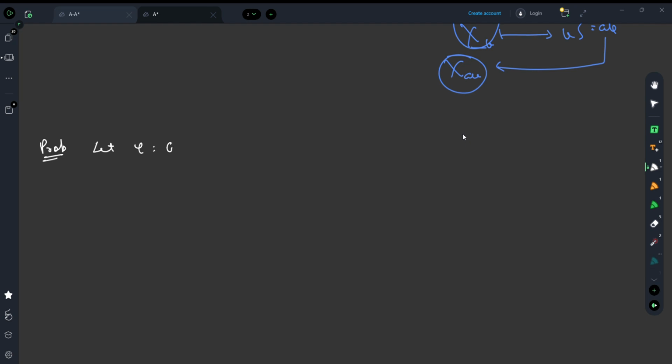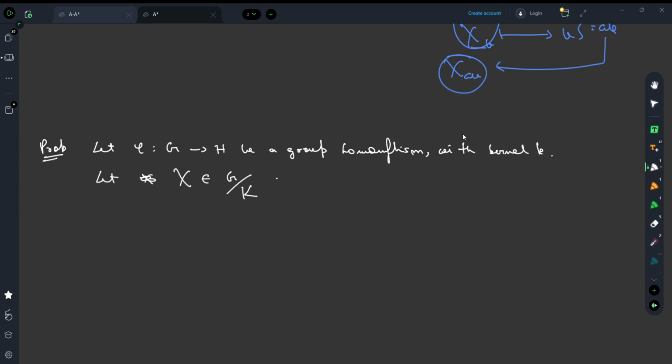Let phi from G to H be a group homomorphism, and let's say its kernel is K. Let chi be an element of G mod K. Let us denote it as a fiber, the fiber of some element A, obviously in H. Clear?